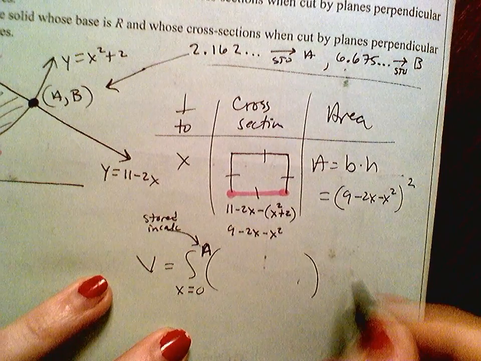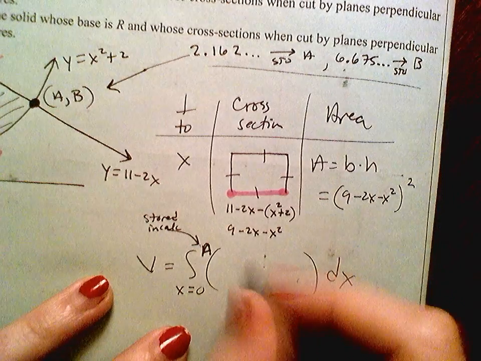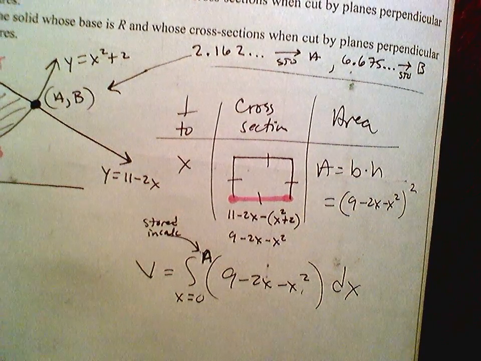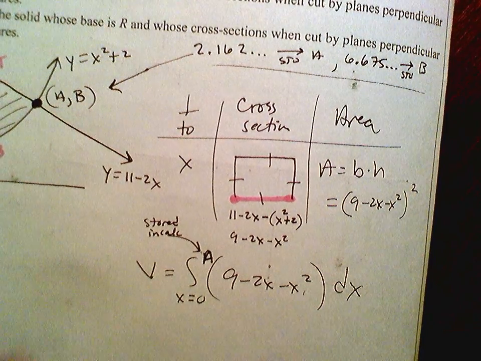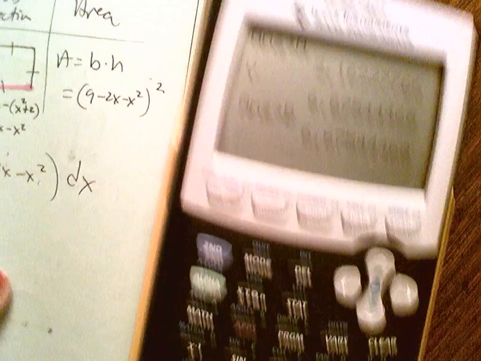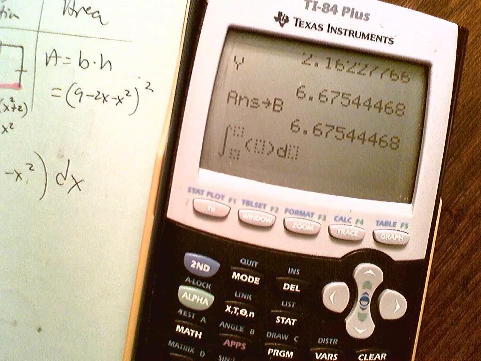So now the input of this integral is going to be the area of the squares. So 9 minus 2x minus x squared. I'm going to keep going, and then I'm going to go math 9.